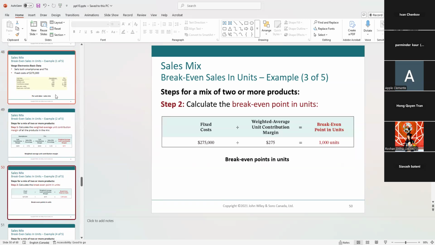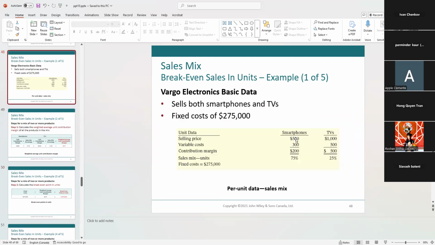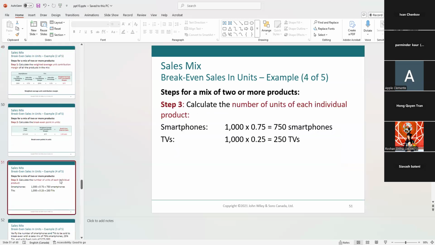What that means, 1,000 units: we need to sell 750 cell phones and 250 TVs within this current sales structure. And only that way are we going to have a break-even point.